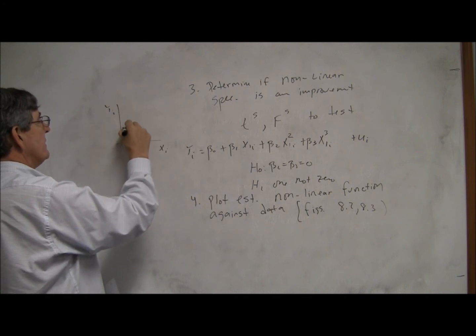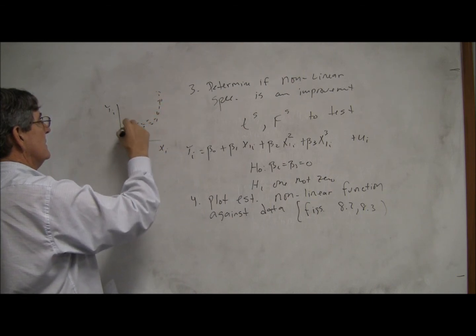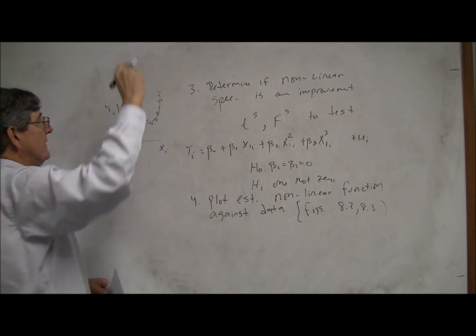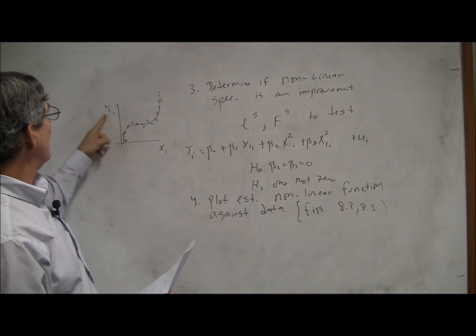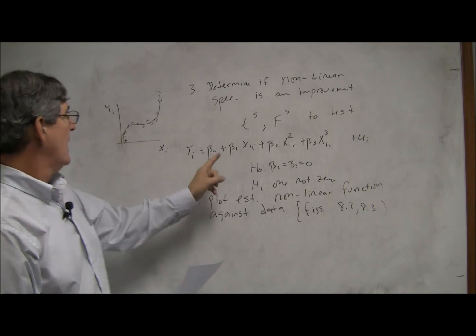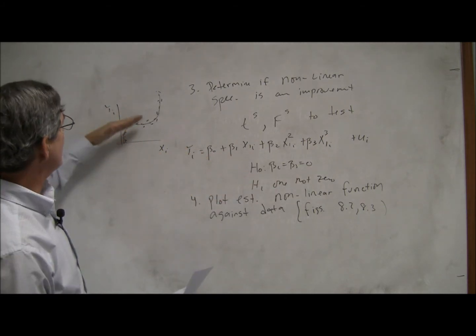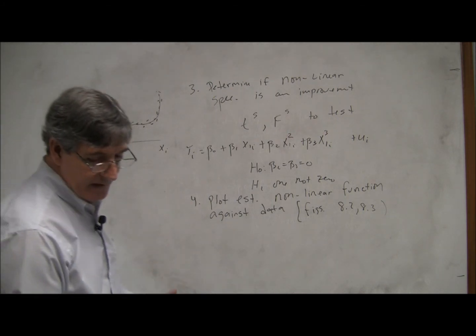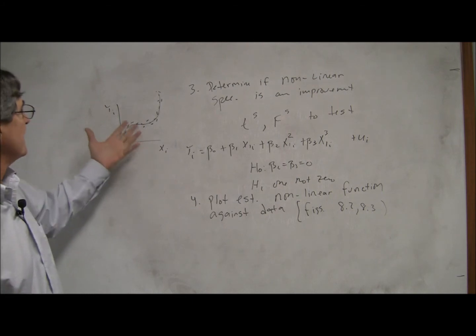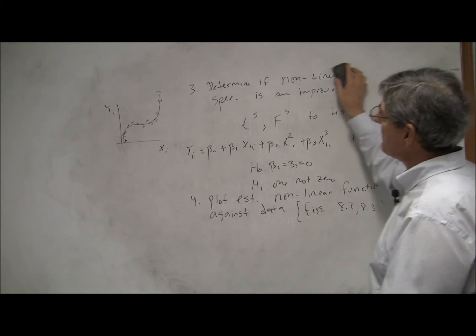And maybe there's a cubic relationship, so the data looks something like this. Then you can see how well your model fits those data by plugging in various x's and predicting what y will be in the model. So I can give it x, and it gives me y once I've estimated the model. And then I can see how well it fits the data. And hopefully, you get a fairly good fit of the nonlinear terms. But this is a check on that. You can look at it visually and get an idea about whether you have a good fit or not.